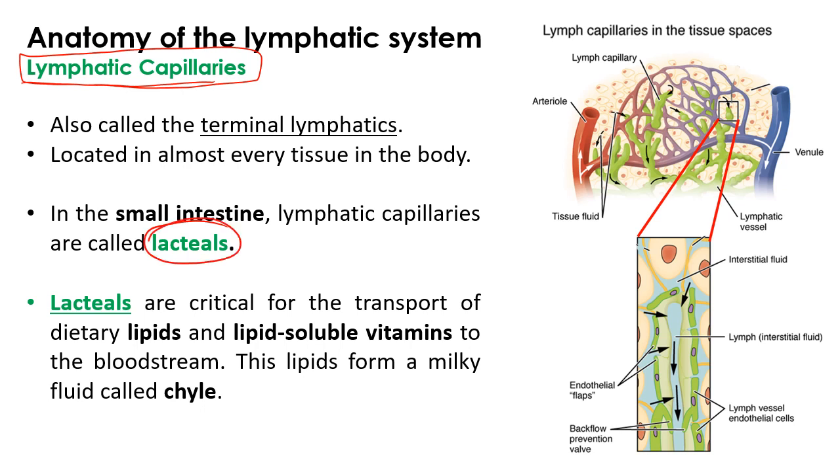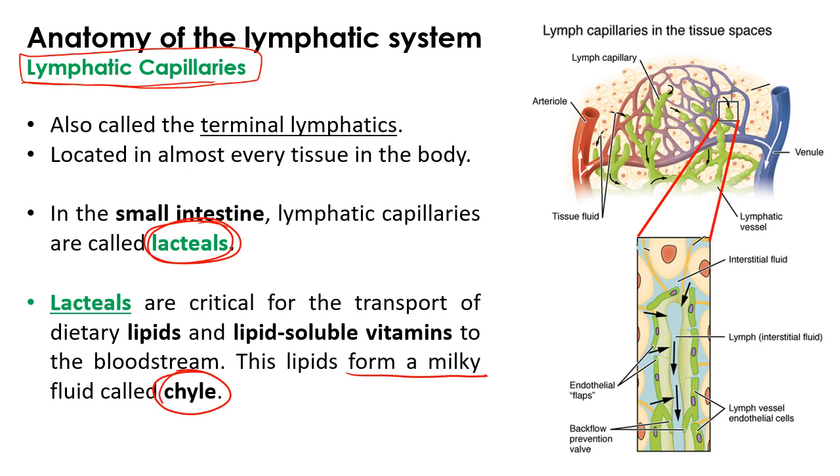The reason why they're called lacteals is because I mentioned before that lymph from the tissues normally is clear, but here in the digestive system, these lacteals will carry fluid that has a milky appearance, and this fluid is called chyle.